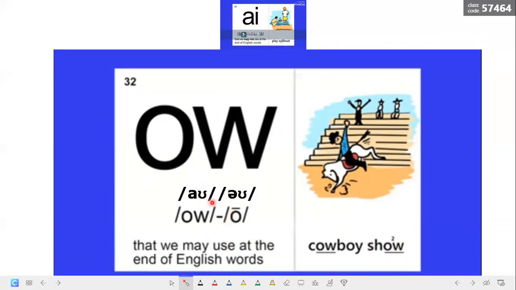But here we can use this phonogram at the end of English words. Listen. Number 32. Ow. Oh. That we may use at the end of English words. Cowboy. Show.